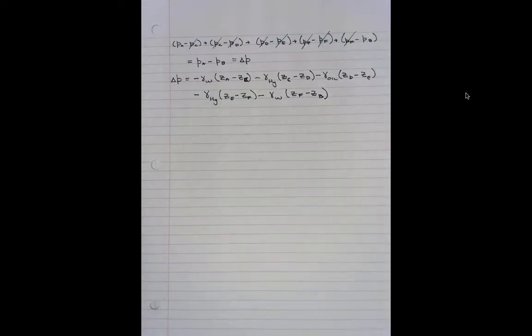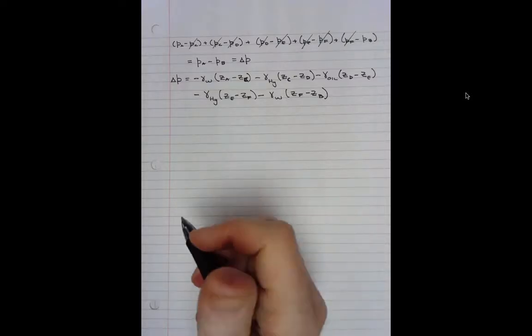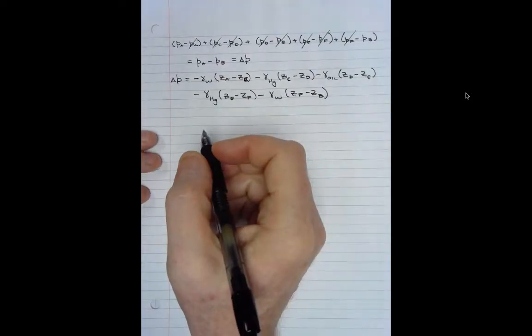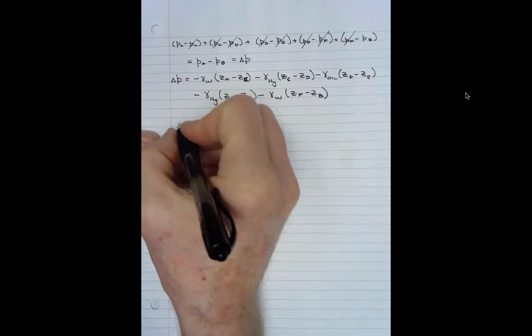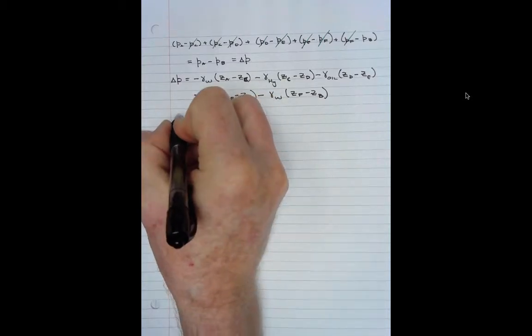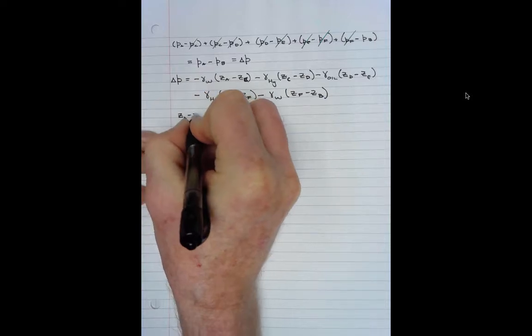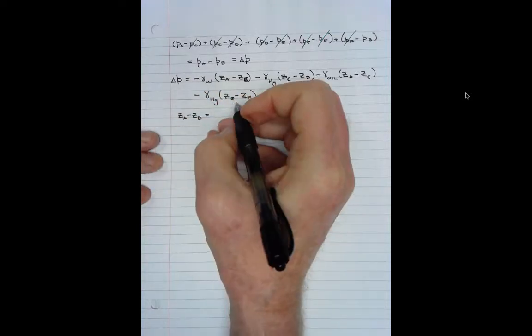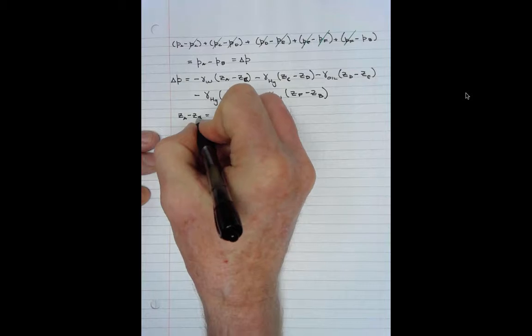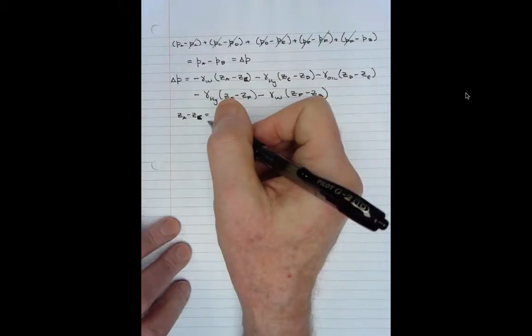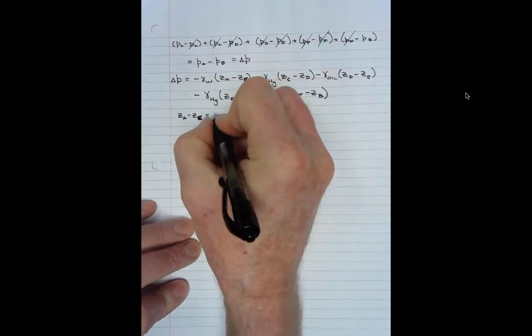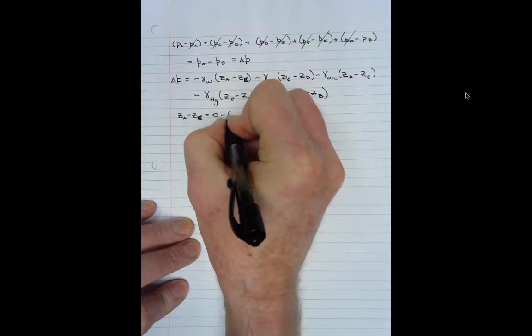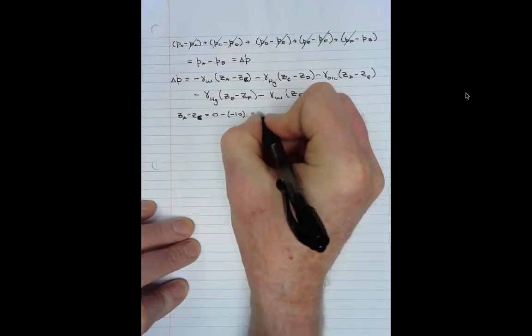Now we can start to substitute numerical values in terms of inches or feet. I'll do it in inches because that's just extra confusing when we get to the end. So we have ZA minus ZB equals, I'm having troubles with my B's and C's, it's equal to 0 minus 10, so that equals 10.